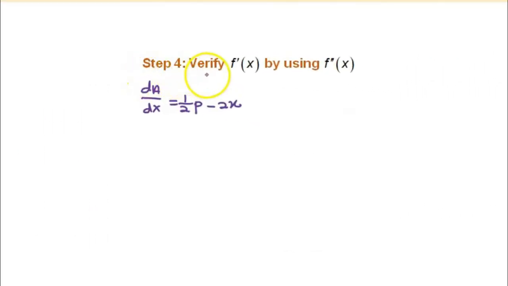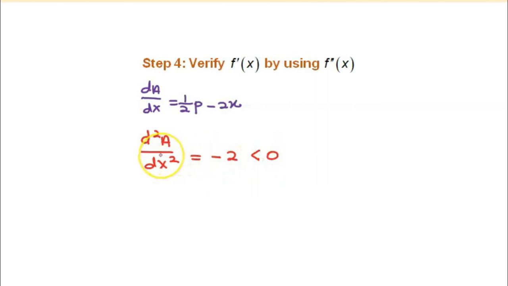In step 4, we will verify the critical number by using the second derivative test. We start with dA over dx, which is equivalent to 1/2 (P minus 2x). This is our first derivative for the function in this question. For this function, we will find the second derivative, d2A over dx squared, where the answer is negative 2, a number which is less than 0.